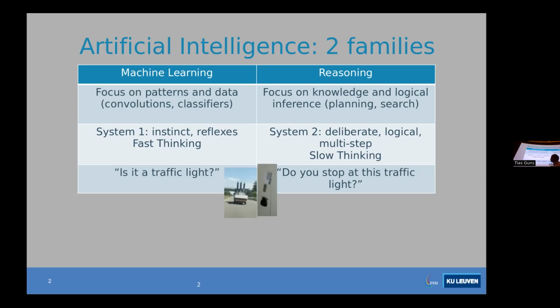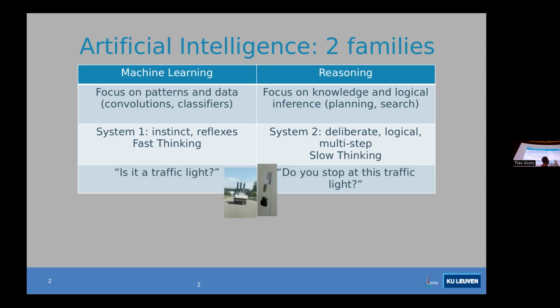With respect to the famous book from Daniel Kahneman, Thinking, Fast and Slow, this is sometimes referred to as system one thinking that we humans also have. That means instinctive thinking, reflexes, so immediately answering something based on the input that you get. For example, given an image, is this a traffic light? Well, not this image because of the resolution, but it's something that we can answer instantaneously.